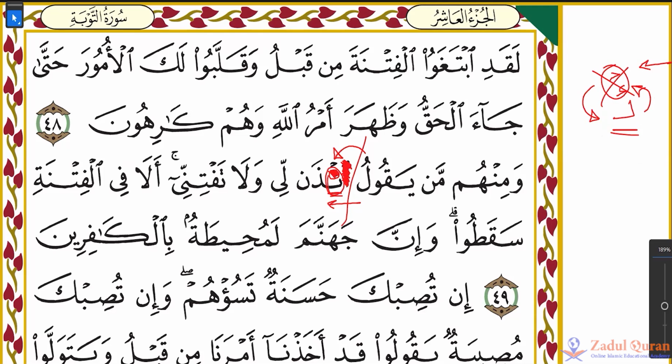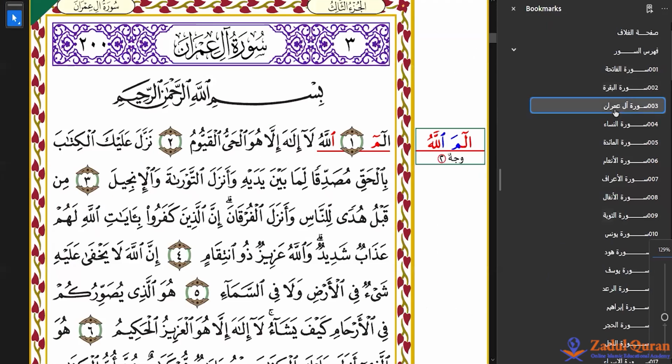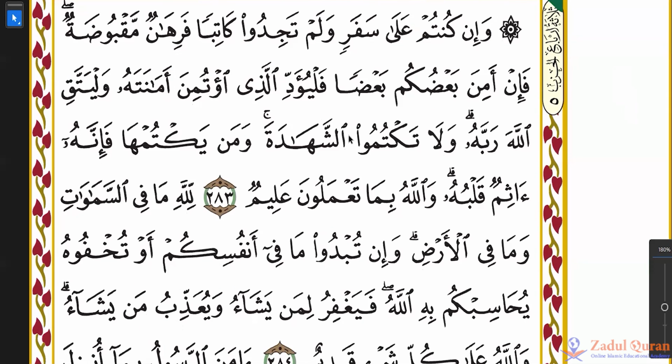For example, in Surah Al-Baqarah, the last part. Look at this. What is the haraka of this Hamzatul Wasl? It depends on the third letter. We check the third letter.